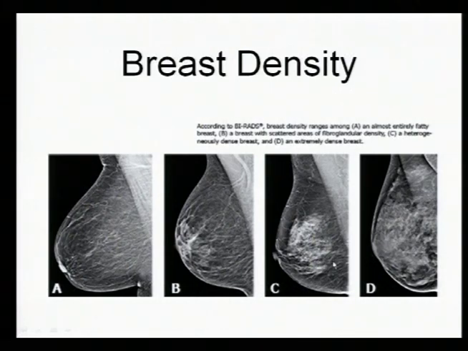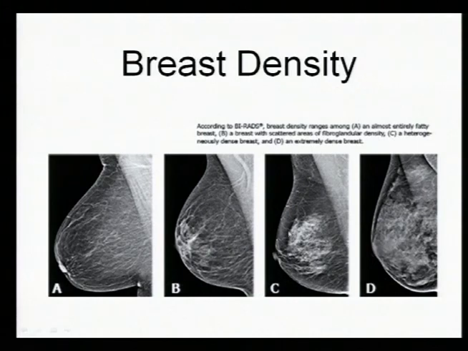So if you look as you move across this particular screen, if you look to the category D, you see the amount of white breast tissue that's on the D mammogram picture as compared to the A. So there's a lot of blacks and grays on the A picture. There's lots of whites on the D picture. So if you can imagine if there's a cancer in these four particular women, it'd be much easier for the radiologist to pick out in the A mammogram picture as opposed to the D mammogram picture.